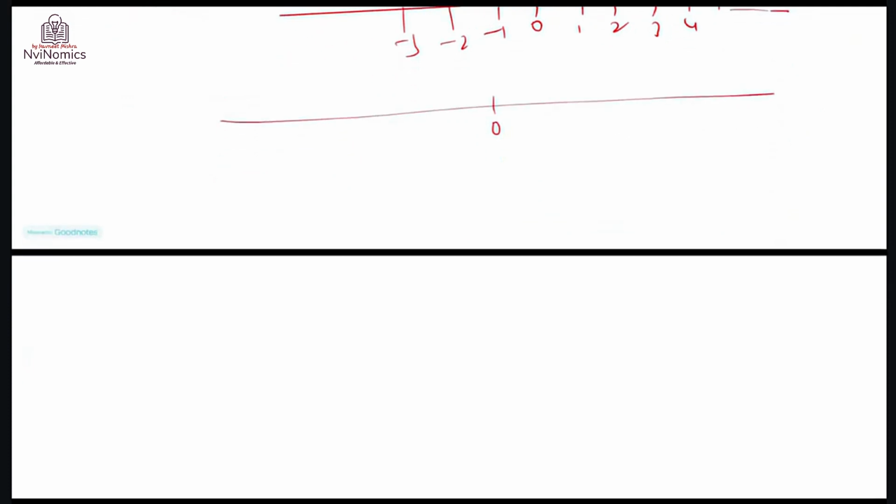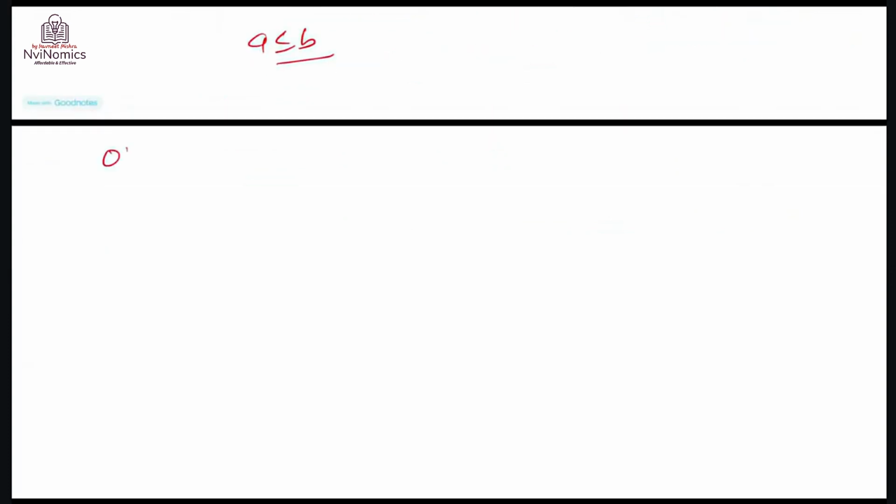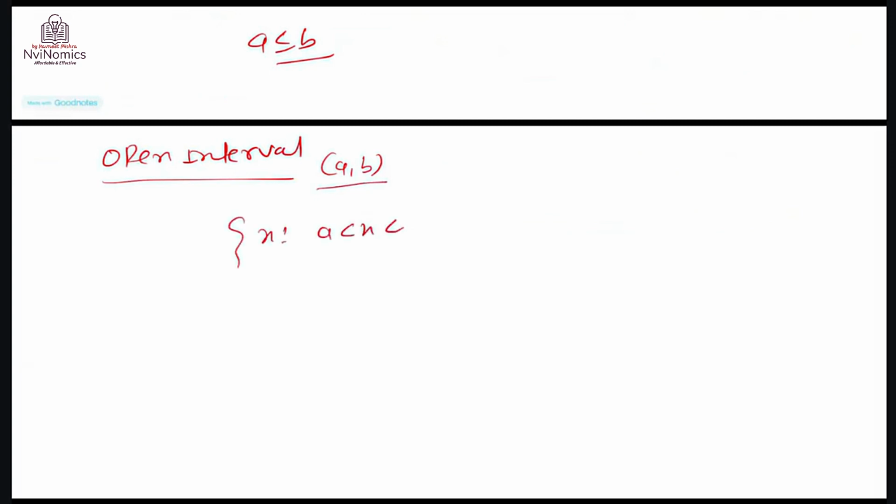Now, for an interval, we say a is less than or equal to b. So now we are going to define some intervals. First, the open interval. What does open interval mean? Here, with a and b, we write the open interval as (a, b). It means x such that a is less than x less than b.